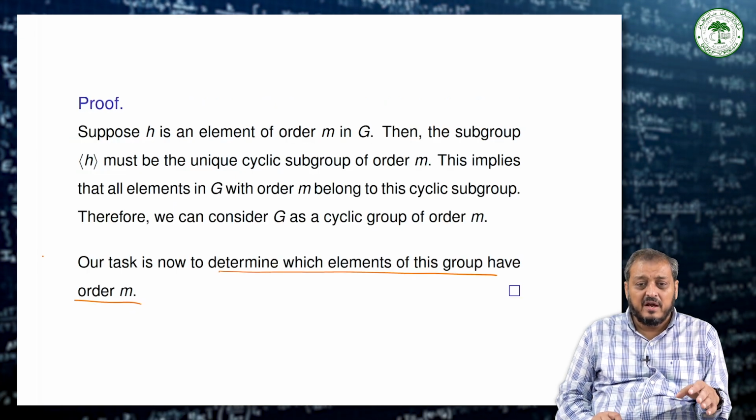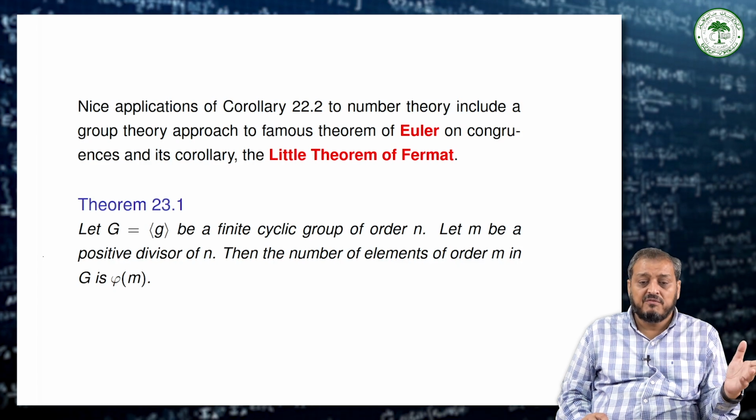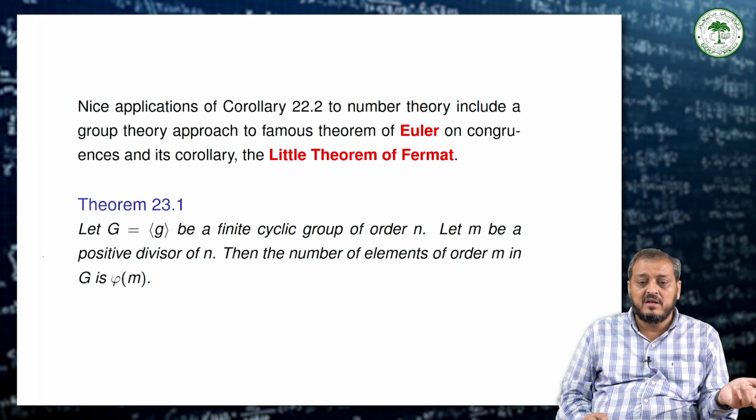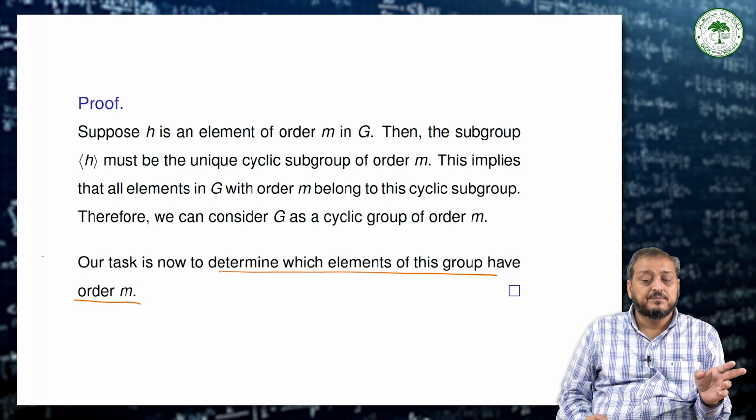This is very trivial. If G is a finite cyclic group of order n and m is a positive divisor of n, then the number of elements of order m in G is phi(m).